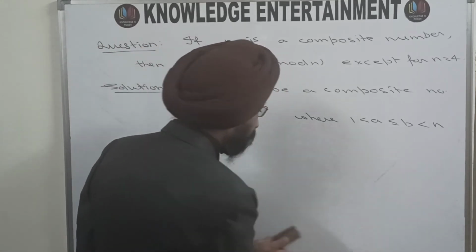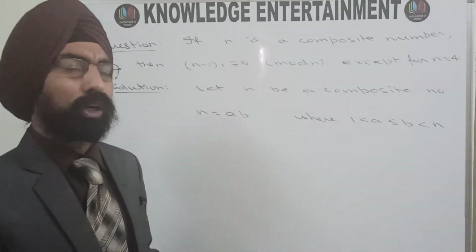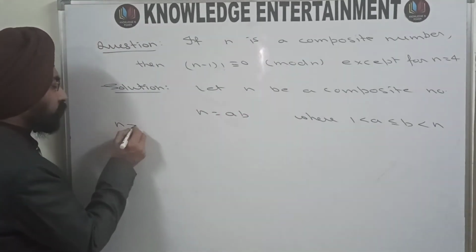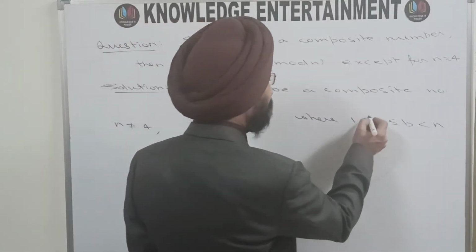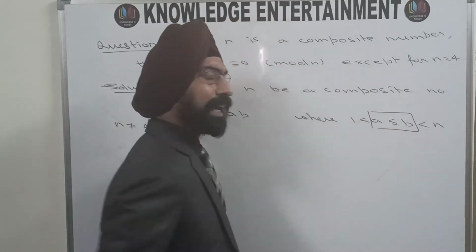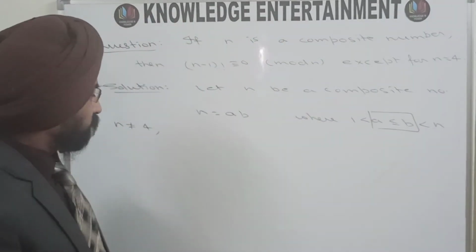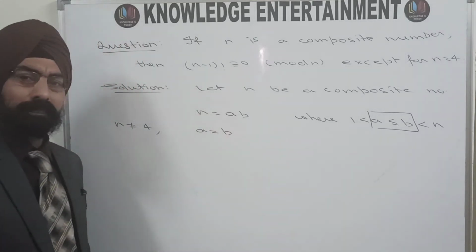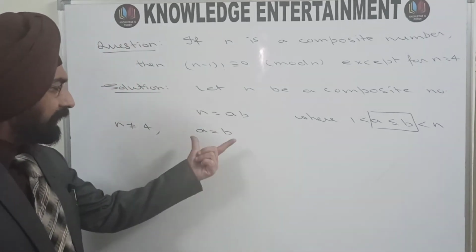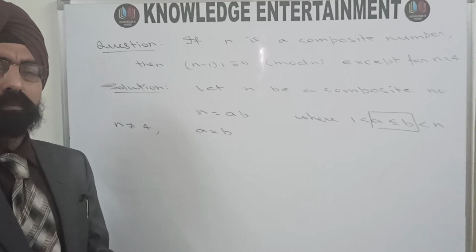So let us see what will happen if n is not equal to 4. If n is not equal to 4, once again from here you can have two possibilities. One possibility is that a is equal to b.